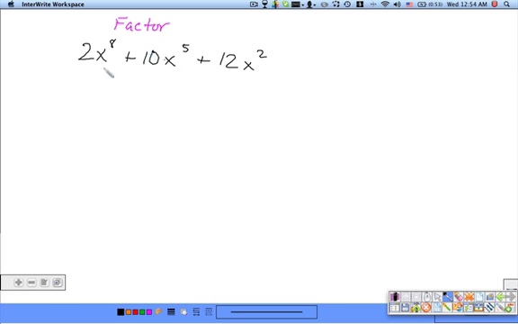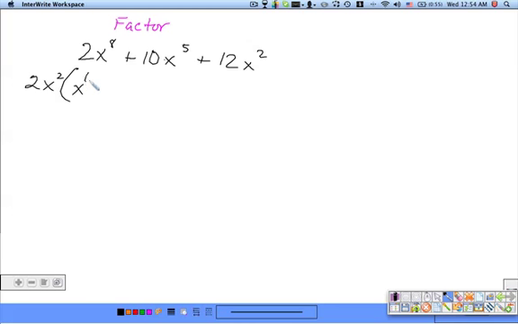Alright, here's the other part of example 4. I just wanted to put it here for more room. So if it said factor, step 1, GCF, well, 2, 10, and 12, GCF is 2. x to the 8th, x to the 5th, x squared. The biggest that goes into all these is x squared. So pull that out of each term up here. So 2x squared times what?